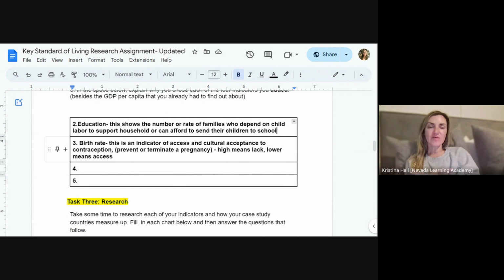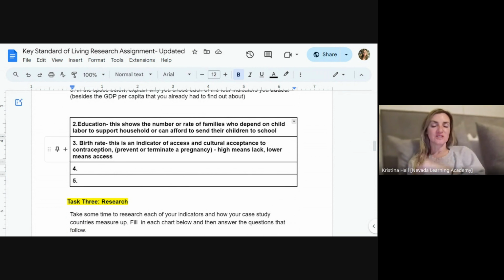On the flip side, when you have high birth rates, that can mean a lack of access to medical intervention. So maybe lack of access to birth control or abortions, or maybe lack of cultural acceptance. Maybe culturally or socially, it's frowned upon for women to be on birth control. It's frowned upon for abortion.